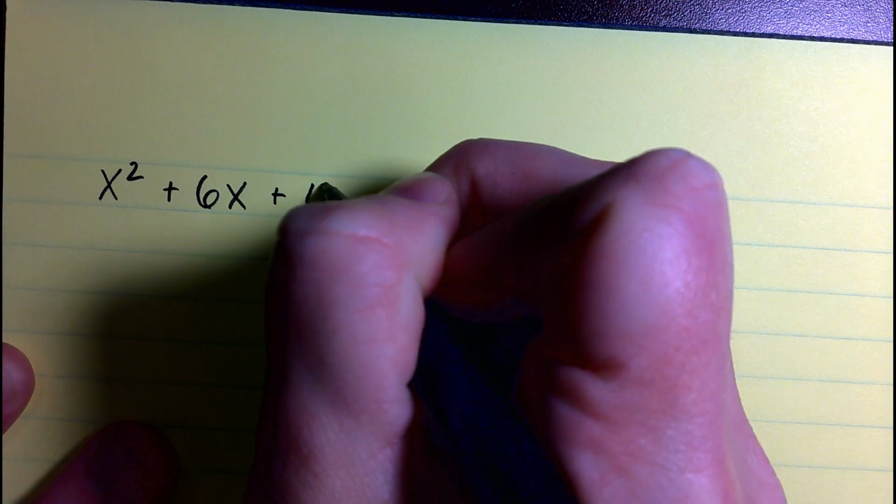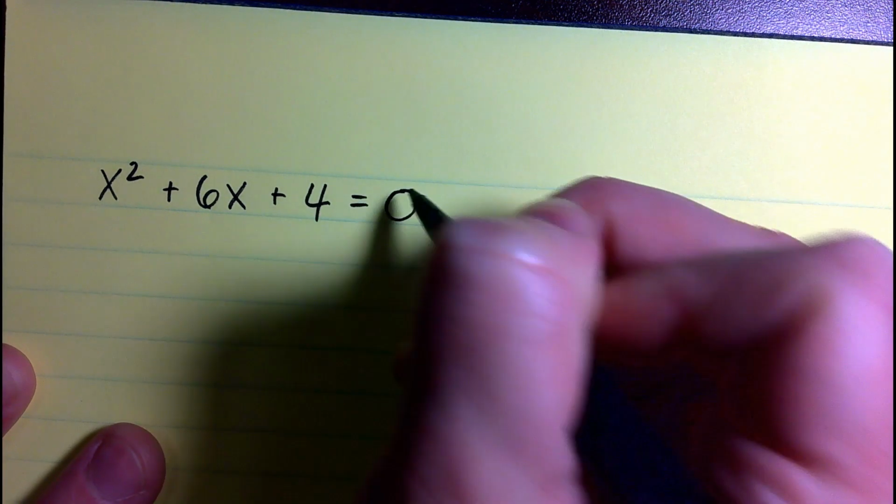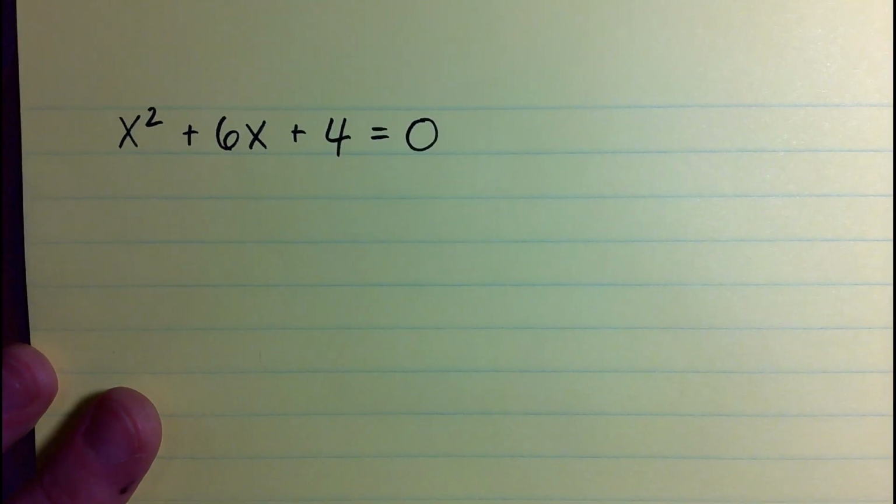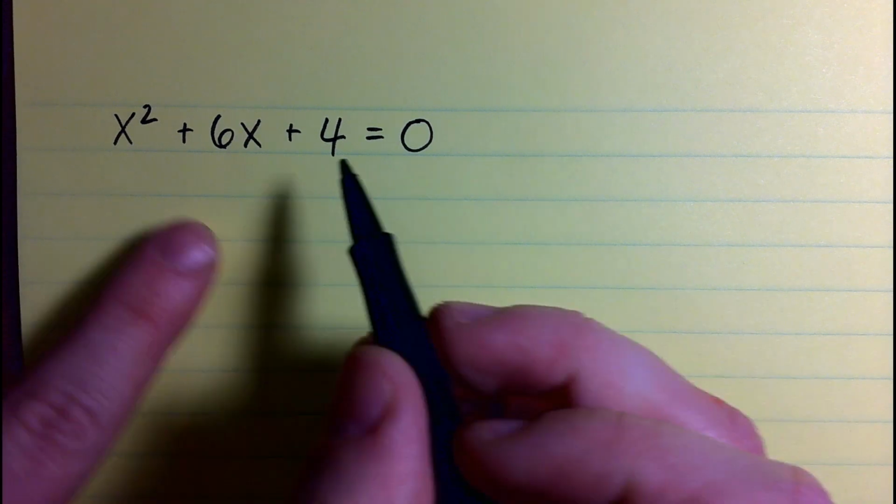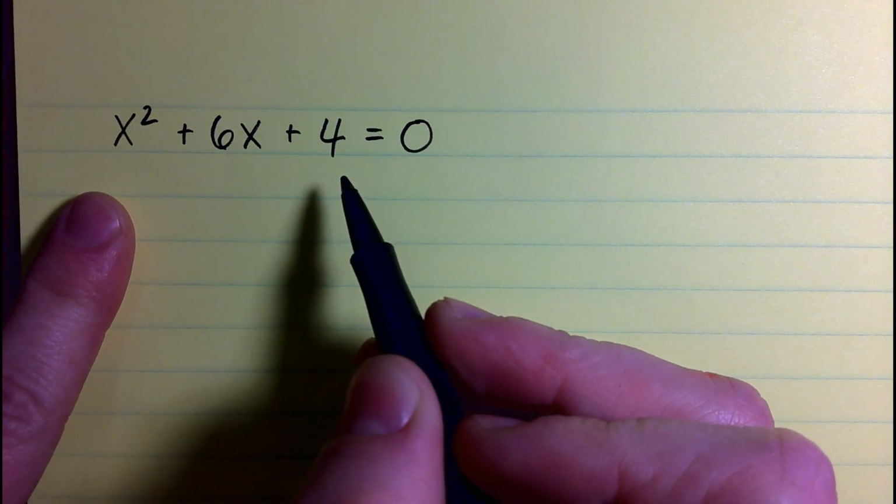Okay, so what if I gave you x squared plus 6x plus 4 equals 0? We could try to factor this.